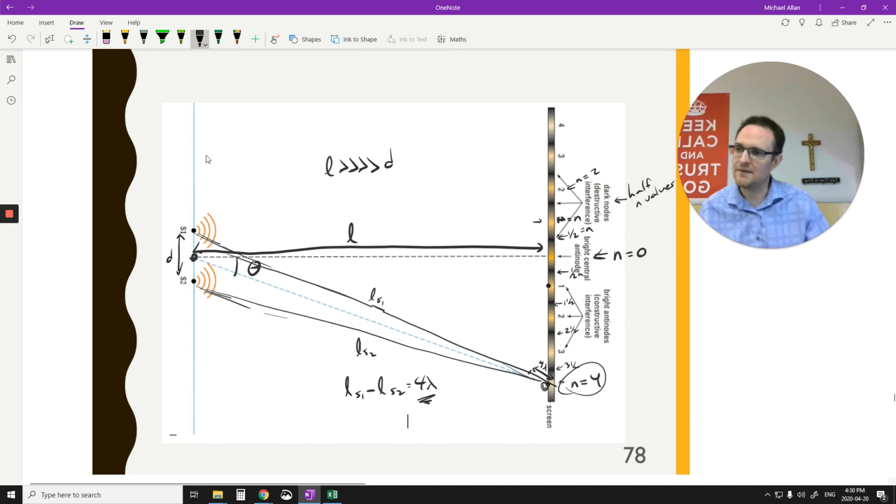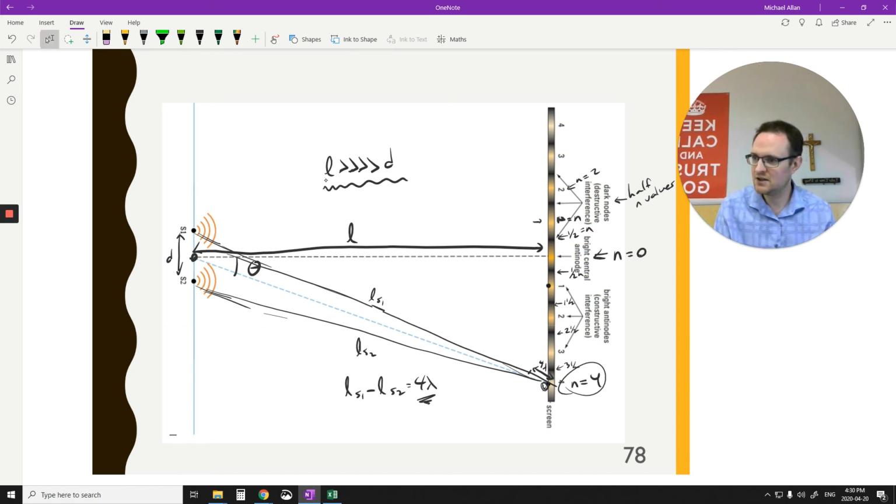Now, if I make the assumption up here that L is much larger than D, these two lines, beginning over at this end, get closer and closer to each other. LS1 and LS2 become really close to being the same length, because the wavelengths are also really, really small in this situation.